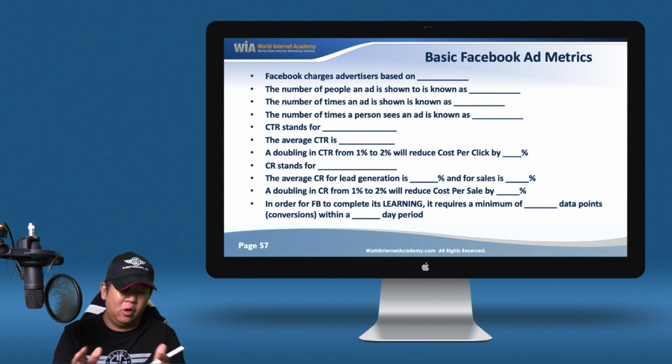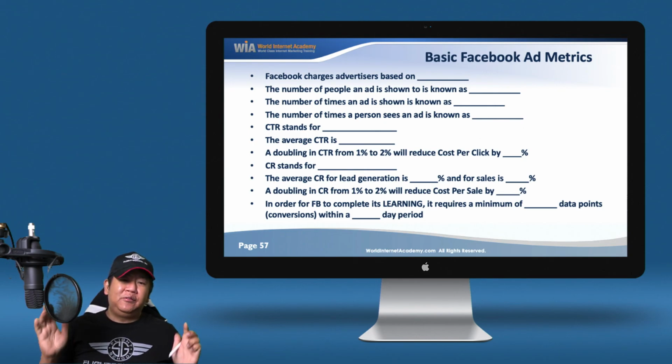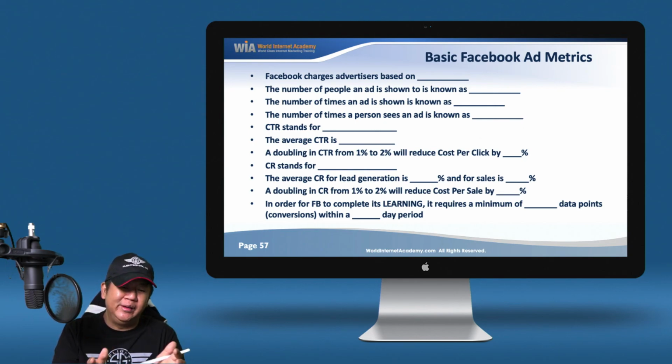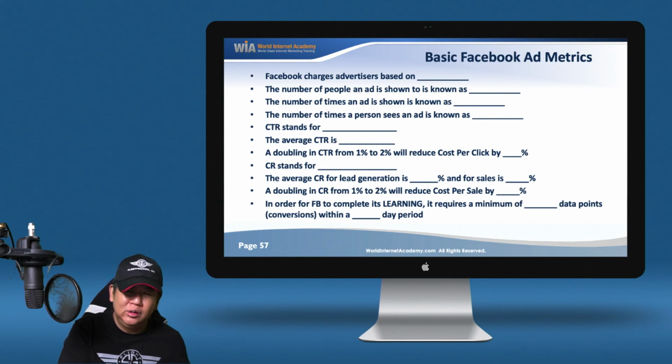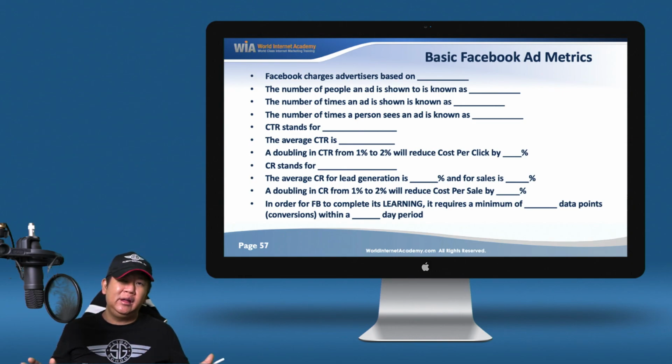Which means if your audience size is 50,000, it would help you find people within that 50,000 population that are very similar to the 50 data points that you provided Facebook. But you need 8 sales a day on average over a 7-day period.